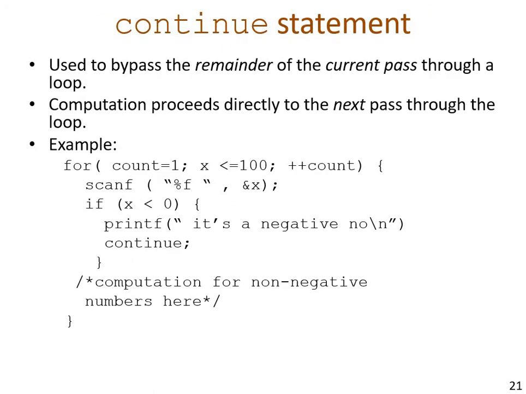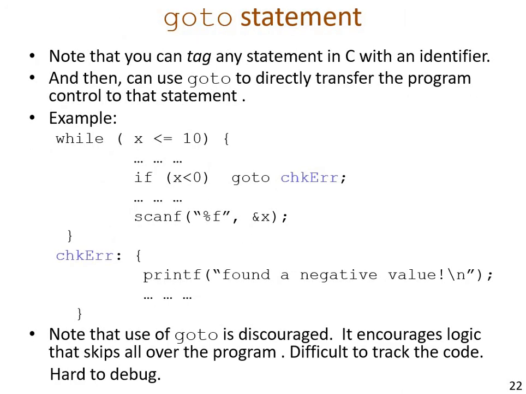Then the continue statement is used to bypass the remainder of the current pass through a loop. Computation proceeds directly to the next pass through the loop. So whenever you give it here, it will pass on automatically and then it increments. Then the goto statement.